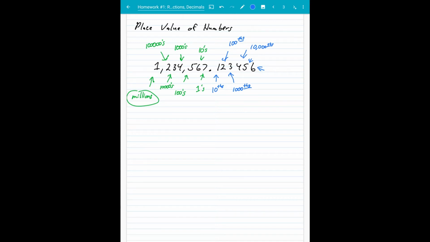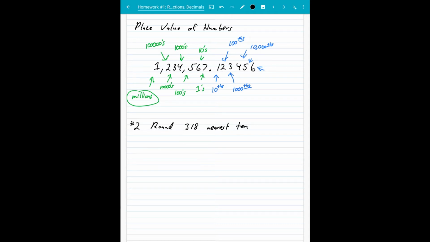So for instance, let's look at some questions from the homework. This is related to number 2 on the homework. Now everybody might get a different number on the homework. They might be generated as different numbers. That's all right. You might even get the same number I have as I do an example on here. On number 2, it wants us to round 318 to the nearest, I'm paraphrasing here, tens place.